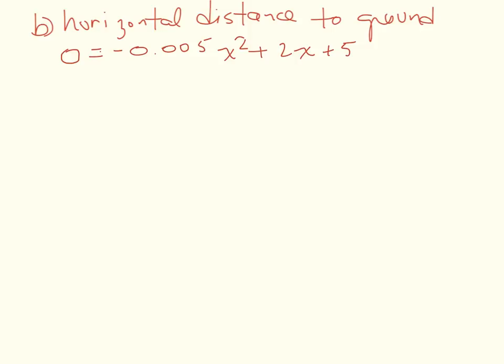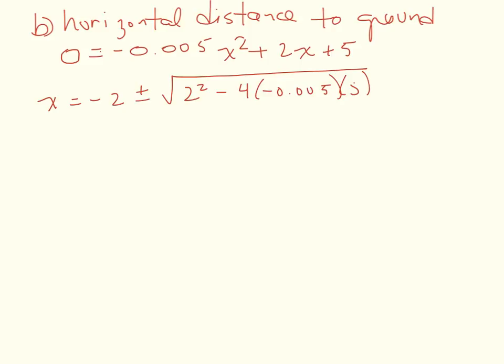So I would use the quadratic formula and substitute the values in, and we'll have x equals -2 plus or minus the square root of 2 squared minus 4 times -0.005 times 5, all over 2 times -0.005, and using a calculator we'll get two values for x.